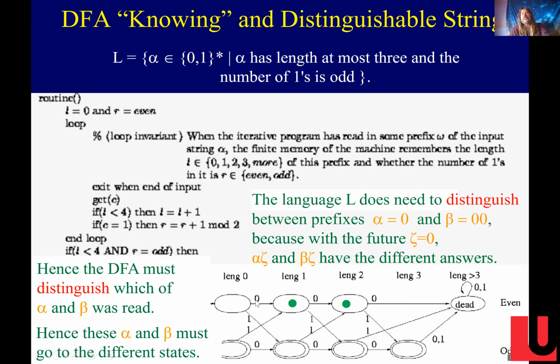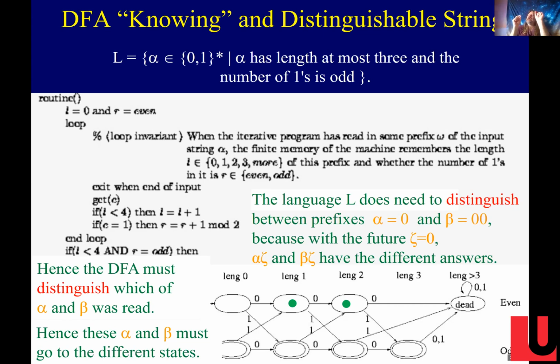In fact, on the test, what I'm going to make you do is make an NFA, and I'm going to ask you to label each state with what strings get there. Then I'm going to ask you to take one string for every state, and prove that each of those strings needs to go into a different state.